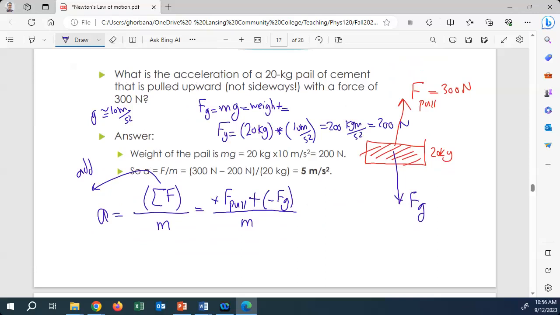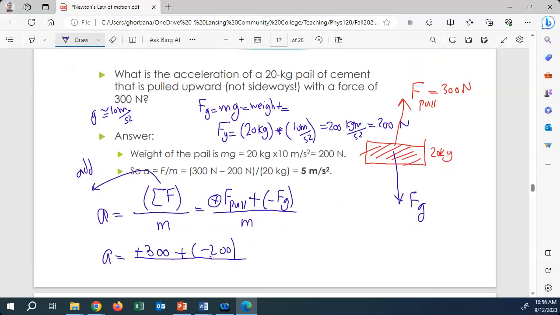Okay? So we will go back to this equation. A is going to be equal to, what is the F pull? Positive 300. See this positive? Positive 300 plus, what is the Fg? 200, but we need to put negative.